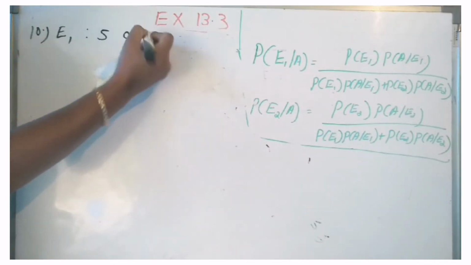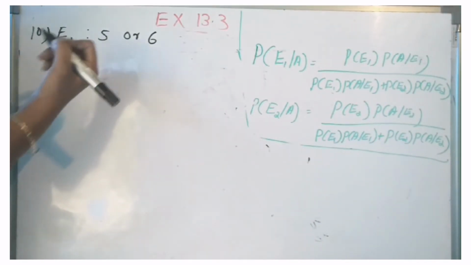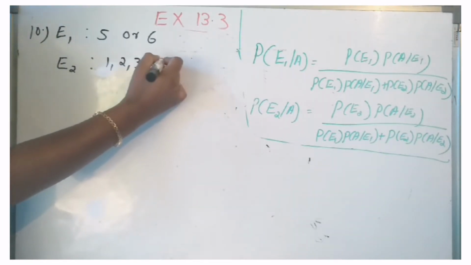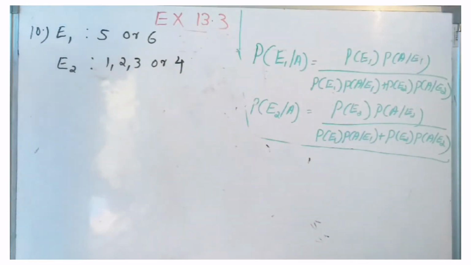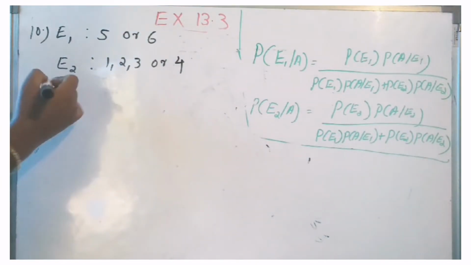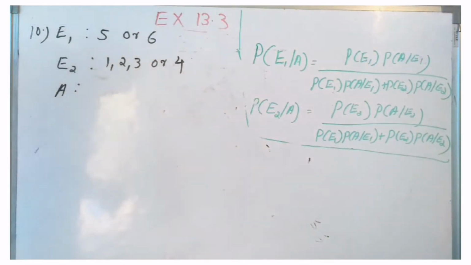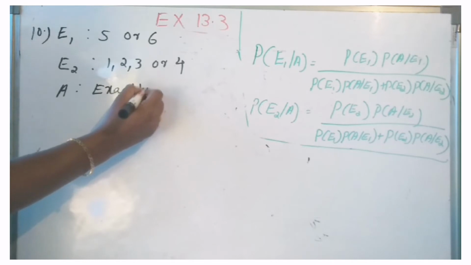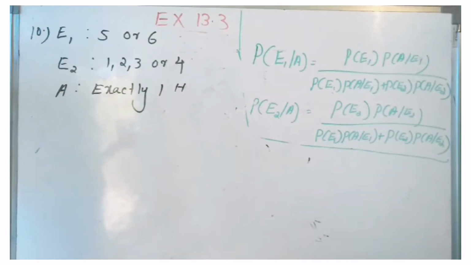And E2 be the event that the girl gets 1, 2, 3 or 4. Now let A be the event that exactly one head appears. That is our A.